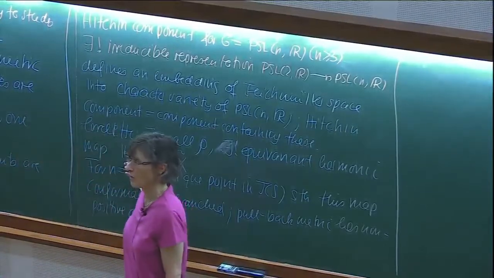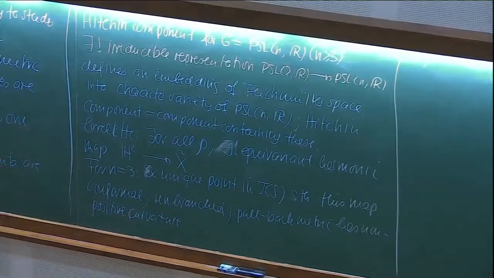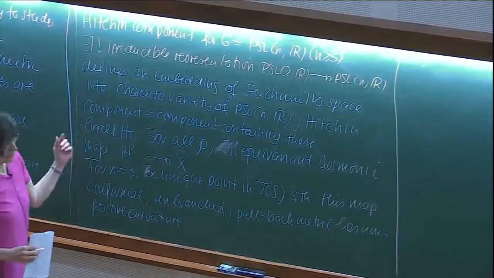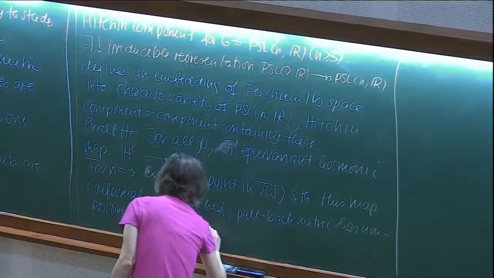So here comes your geometric structure after all, but it's a geometric structure on the surface. Now, of course, something like this should hold true in higher dimension, but it's open in higher dimension.